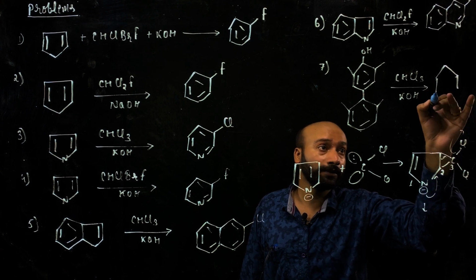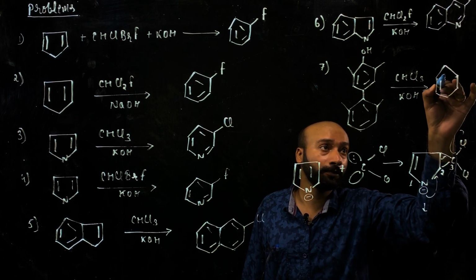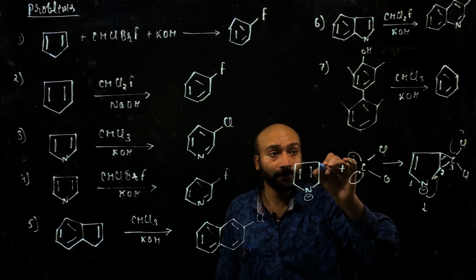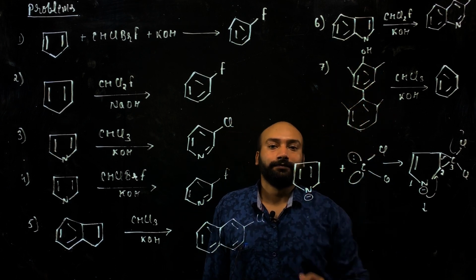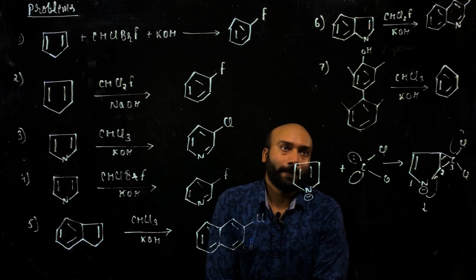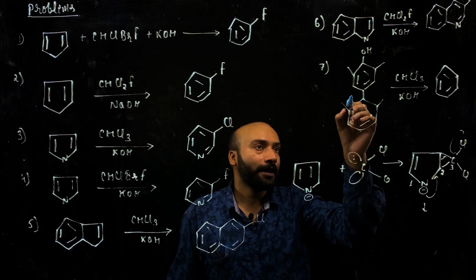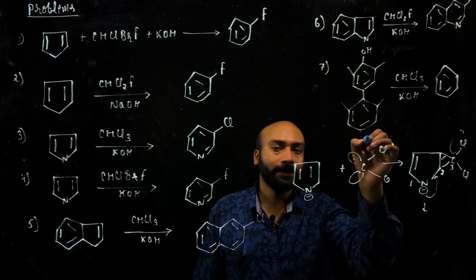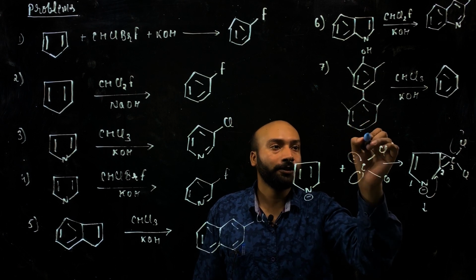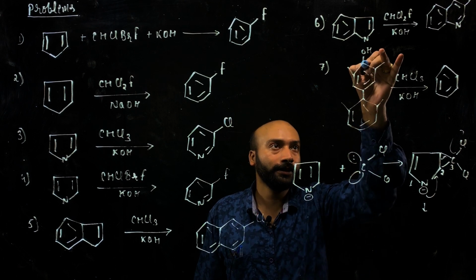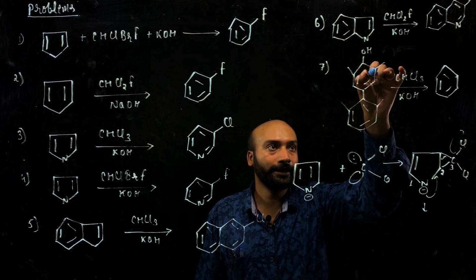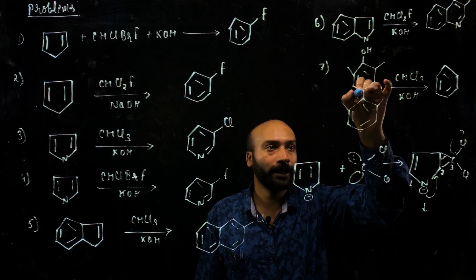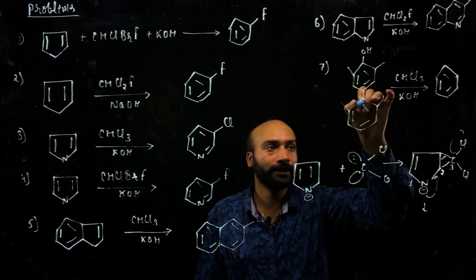At which carbon will the CHO attach? In this phenol ring, this carbon is blocked, ortho sites are blocked, para sites are blocked, and in this ring ortho sites are also blocked.